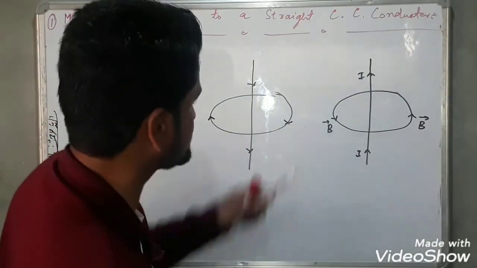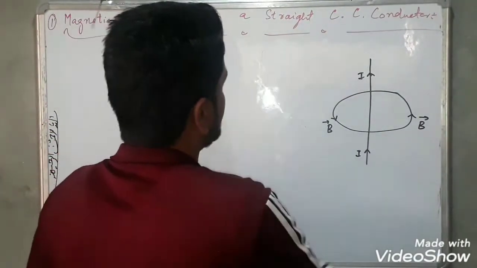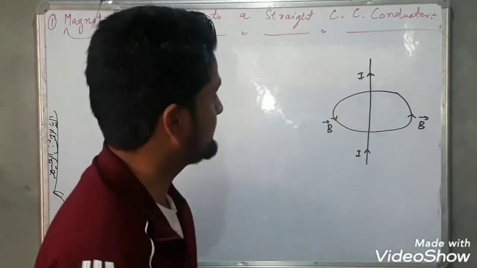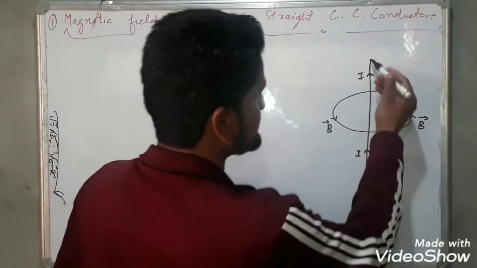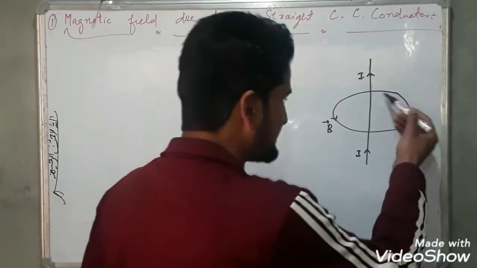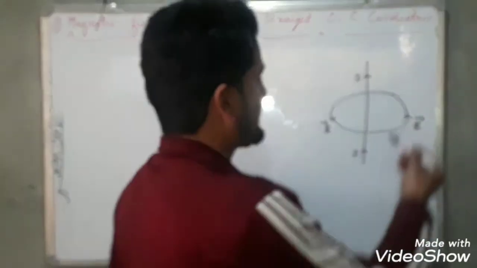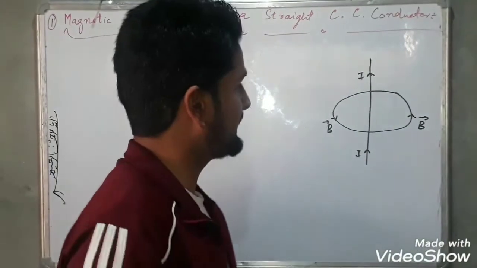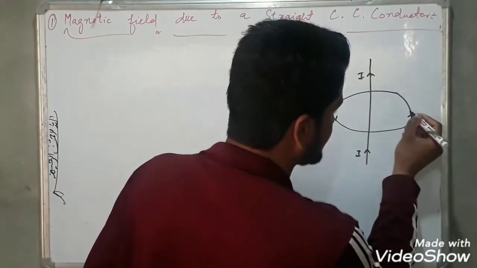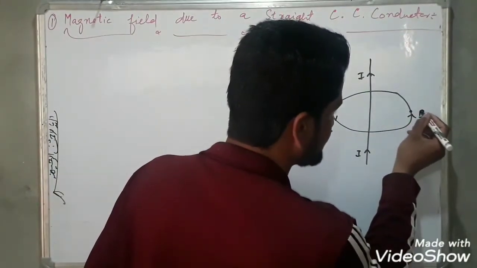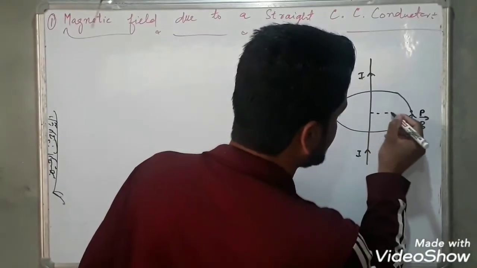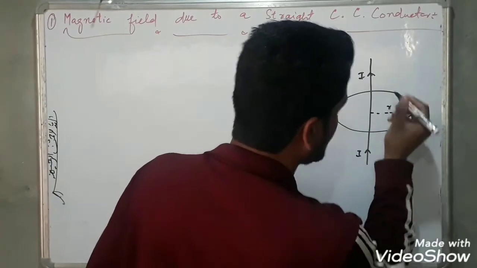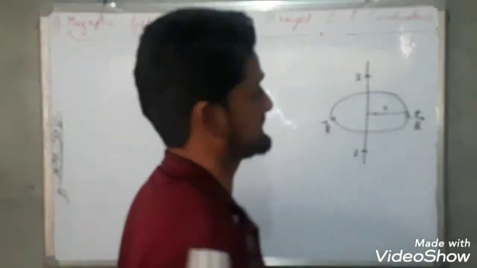So we calculate the magnetic field due to a straight current carrying conductor. Let's have a straight current carrying conductor. This is the magnetic field around it. Suppose we take a point P at which we will calculate the magnetic field, and suppose this point P is at some distance r from the current carrying conductor.